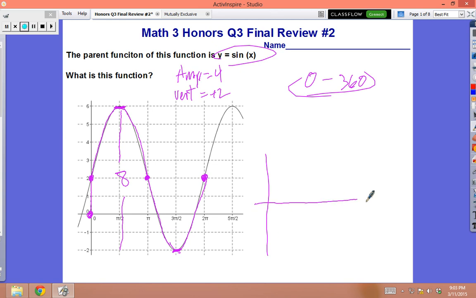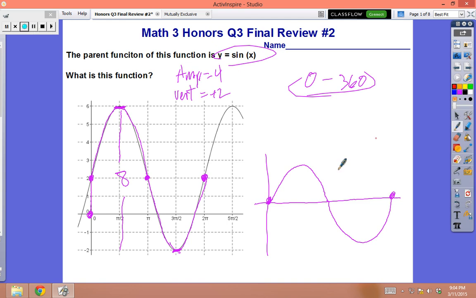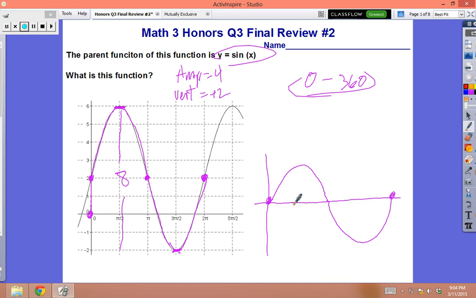And your phase shift is the horizontal shift, left or right. For sine, you've got to know what the parent function of sine looks like. The parent function of sine starts at 0, goes up to 1, then comes back to 0, then goes down to negative 1, then comes back to 0. If we were to slide it 90 degrees to the right, it would come like this.